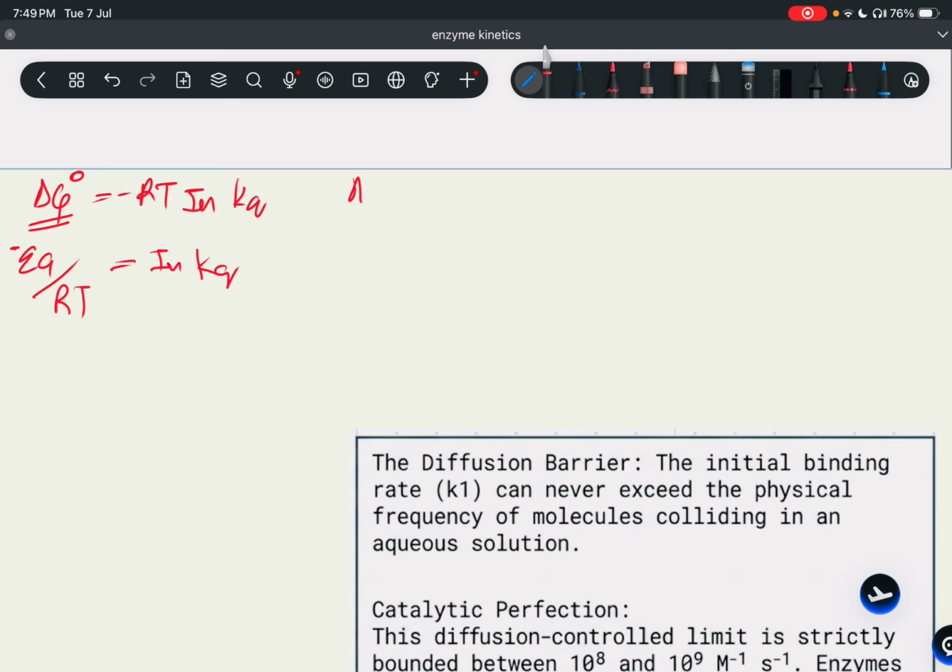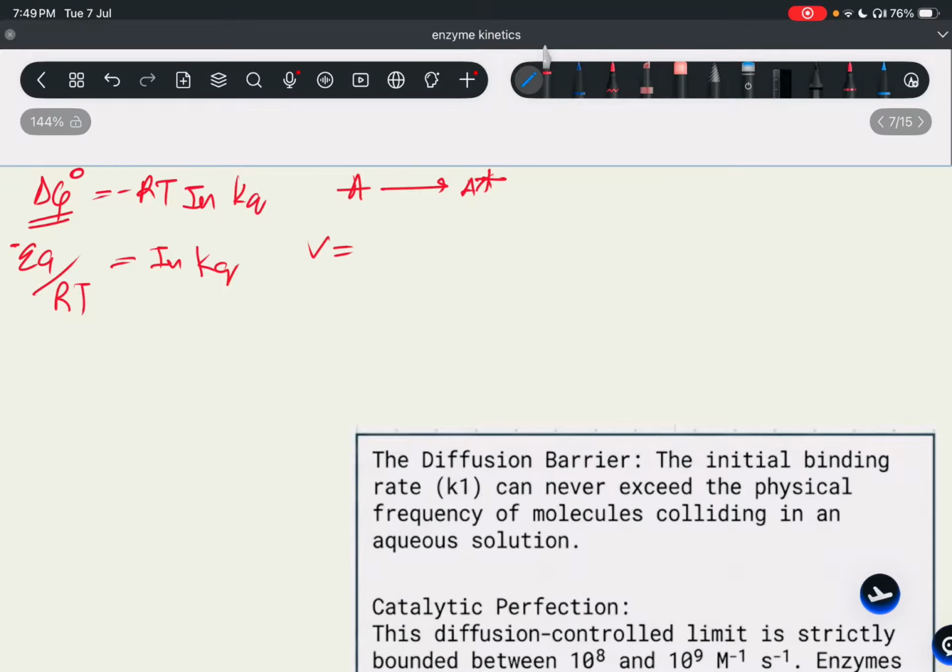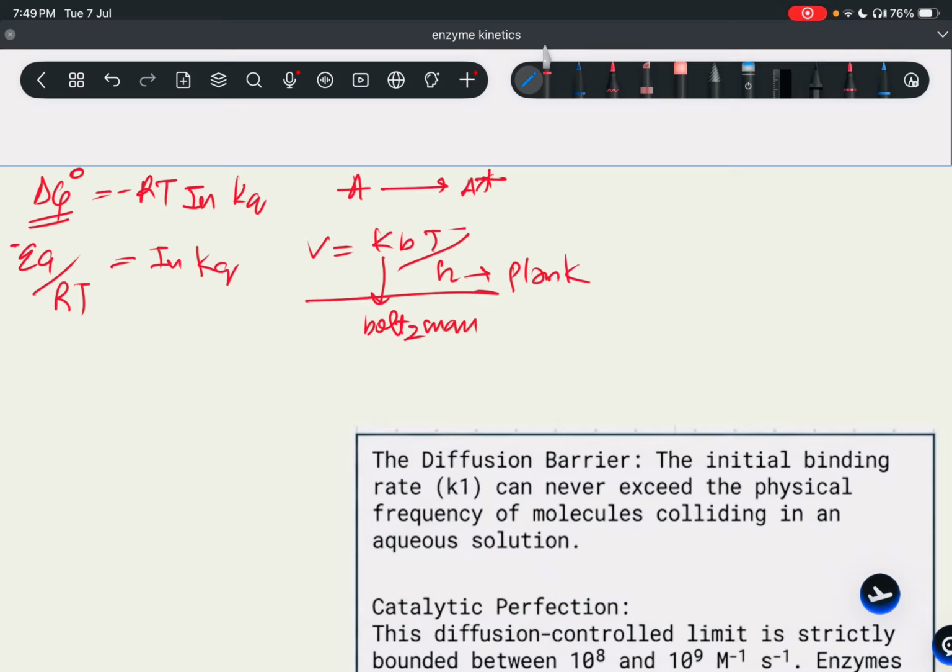Now assume this is going from E star. Every molecule has its own vibrational energy. This is the Boltzmann constant. This is Planck's constant. This is temperature. Now see what I'll be doing.